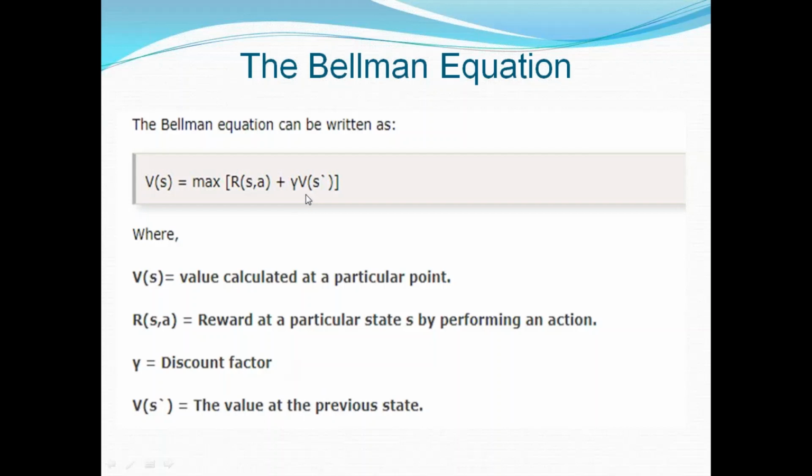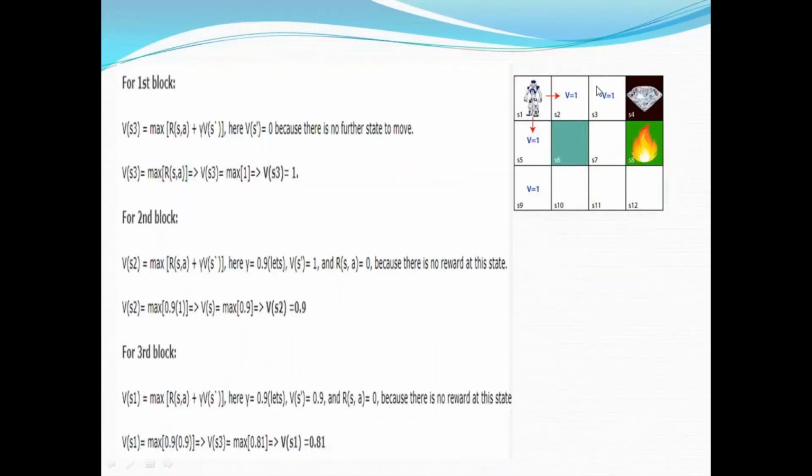Now if you train the maze problem which we have seen, we are getting the reward at S4. It does not have any previous state, so the machine can allocate the value of the previous state as 0.